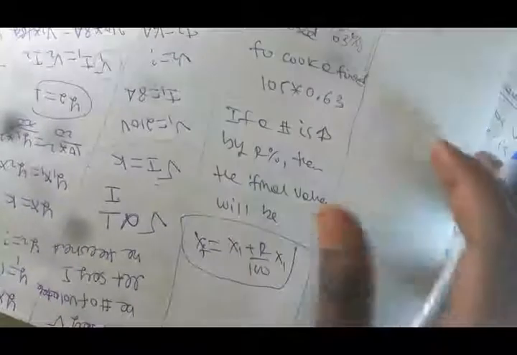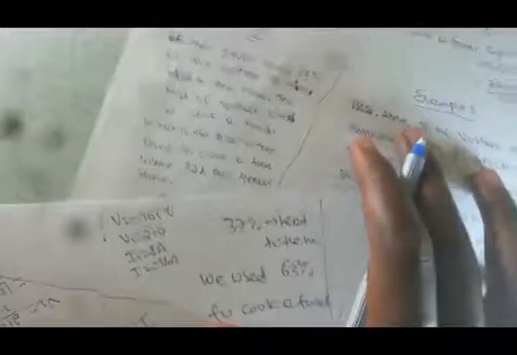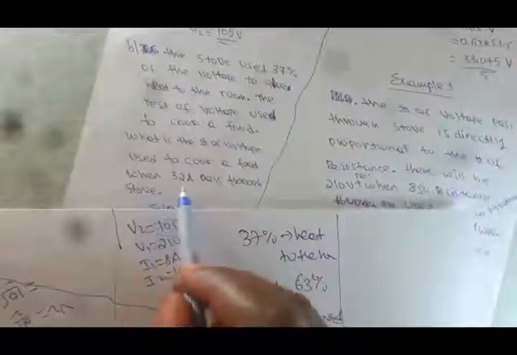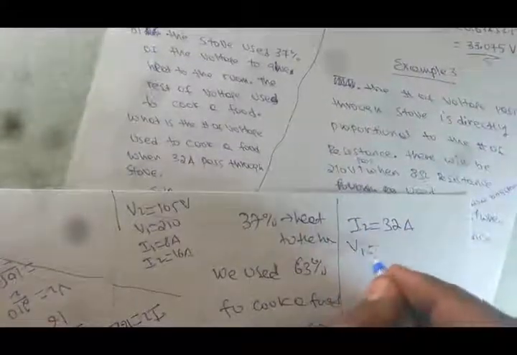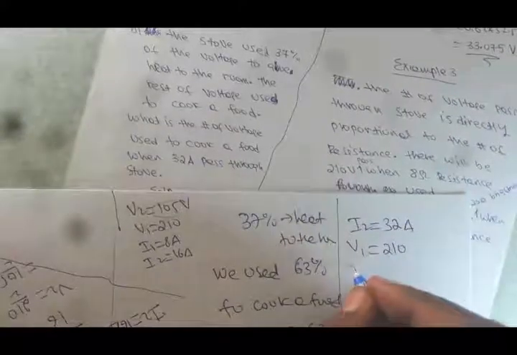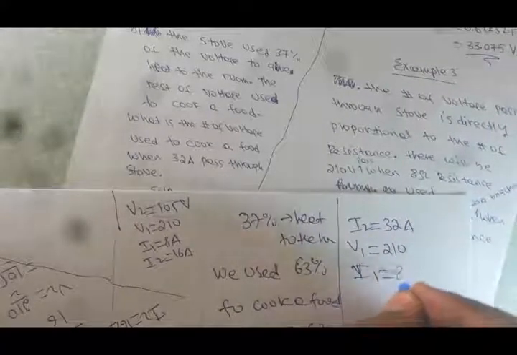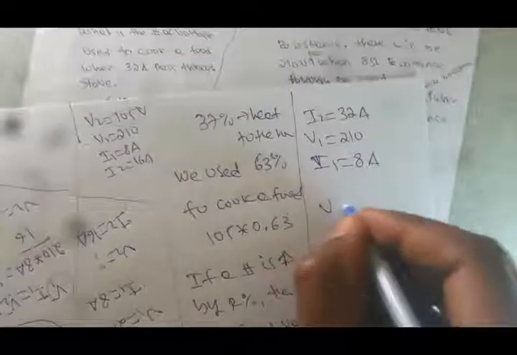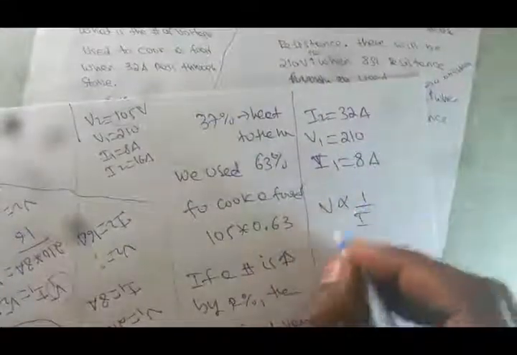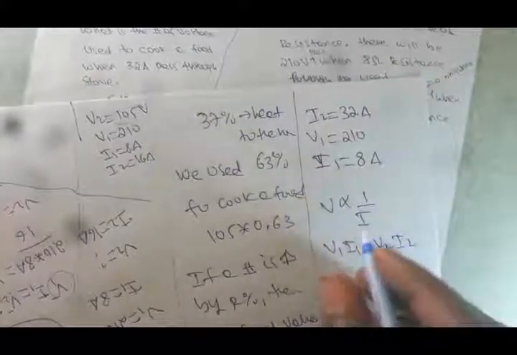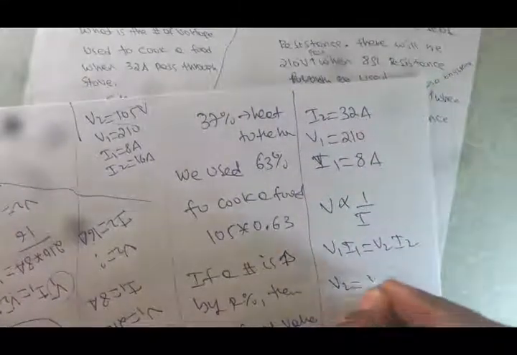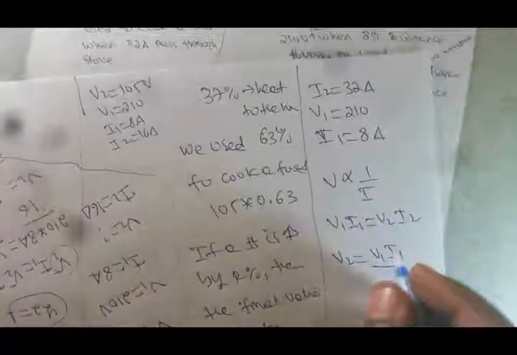But it's alright, we don't have to use this formula. And we are asked what is the number of voltage used to cook food when I2 is 32. Oh, I2 is already given. I2 is 32 ampere, and we already know that V1 is 210 and I1 equals 8 ampere. It was given that the voltage is inversely proportional to the current. Therefore V1 I1 equals V2 I2. Therefore V2 equals V1 I1 over I2.